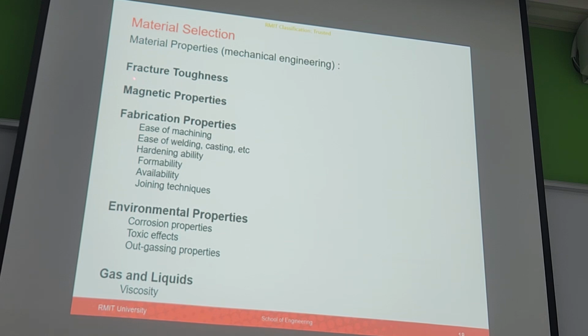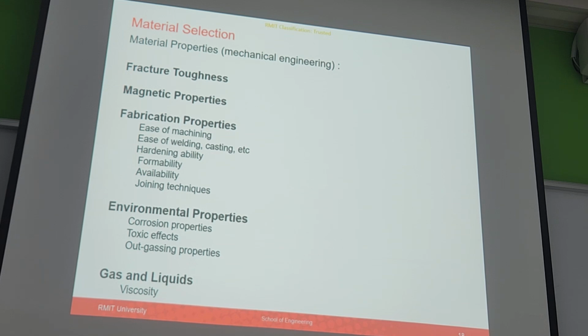And then fracture toughness, magnetic properties, fabrication properties, environmental properties. Maybe you have to use materials such as gas and liquid. If you use gas and liquid, what is the viscosity? So I'm telling you, based on the design, you have to choose the material. In material selection, what are the material properties?